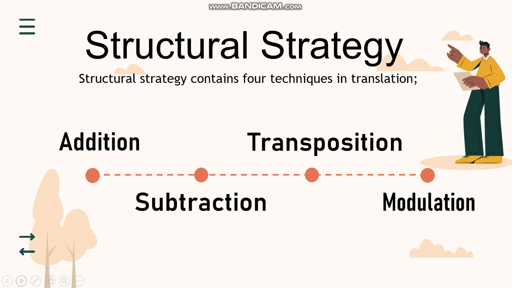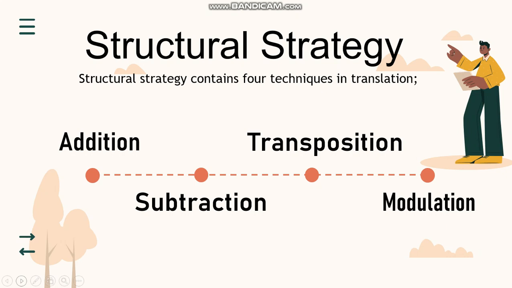Transposition can be used for changing plural form into singular, the position of adjective, even the whole structure of sentences. We will discuss it more complex in another slide later. So here we also have modulation.